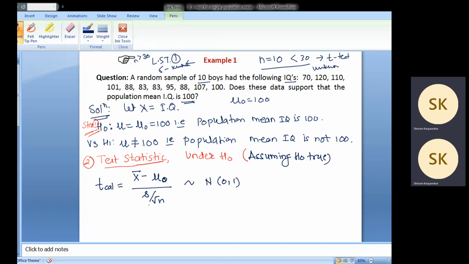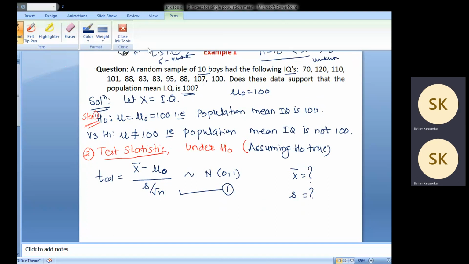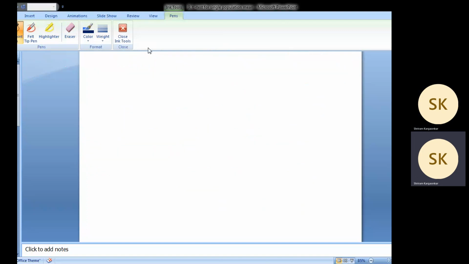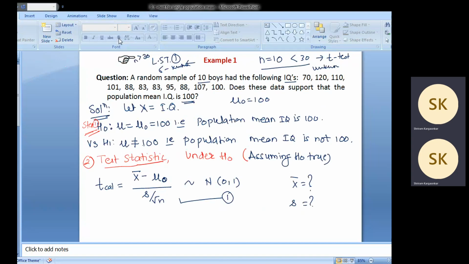In this example, the sample mean and the sample mean square root are unknown to us, so we have to find x bar and small s, then we can use this formula. Let's call it 1. Now we do the necessary calculations. I just copy paste these values.